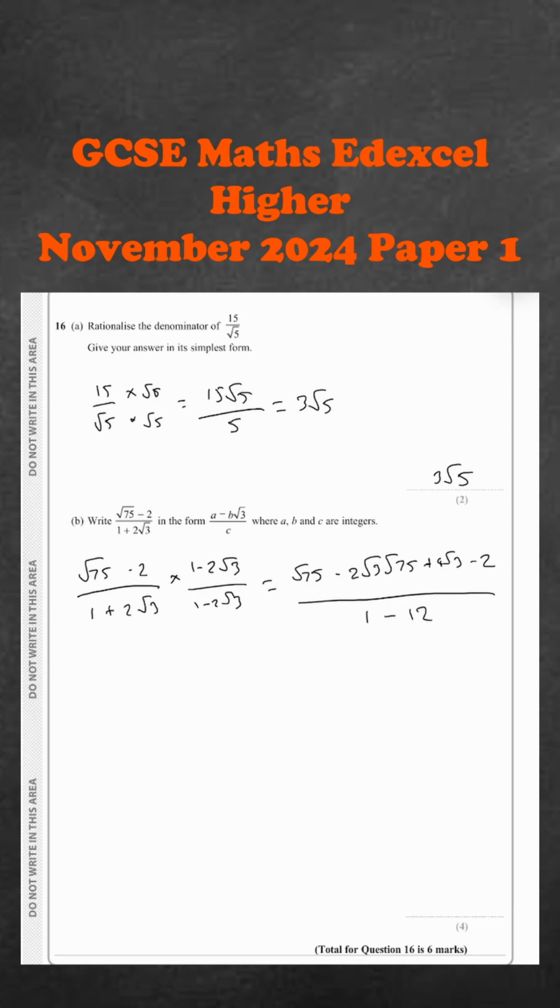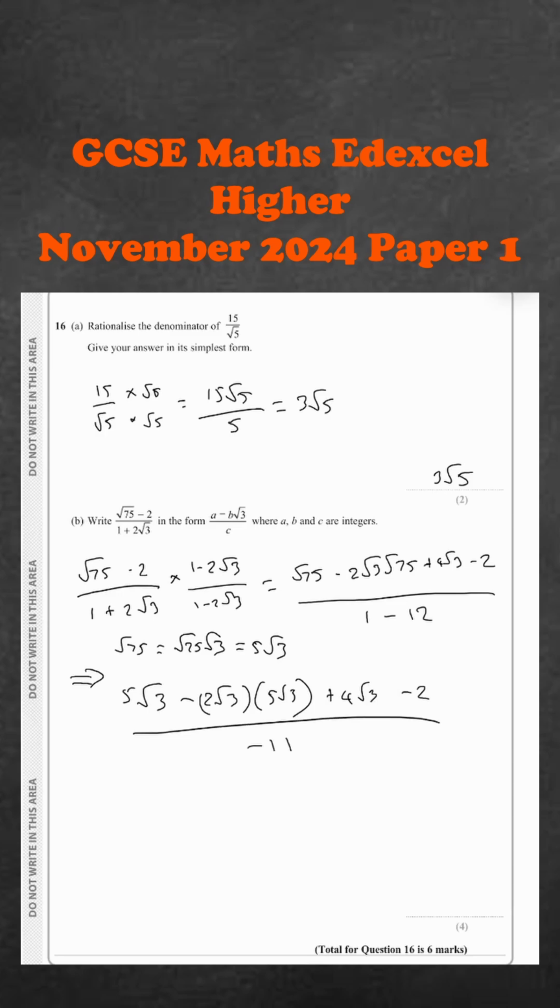So then what I'm going to do is rewrite root 75. Root 75 is just another way of saying root 25 times root 3. So root 25 is just 5. So 5 root 3. So let's rewrite this as 5 root 3 minus 2 root 3 times 5 root 3 plus 4 root 3 minus 2 over minus 11. I'll multiply out these ones in the middle.